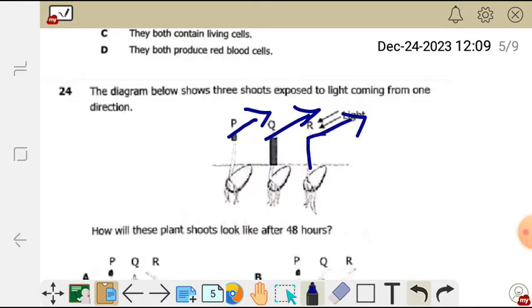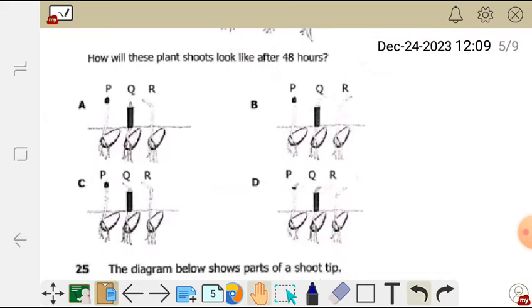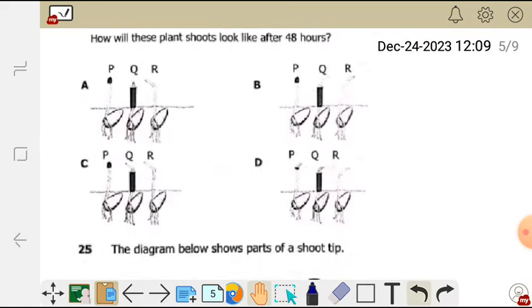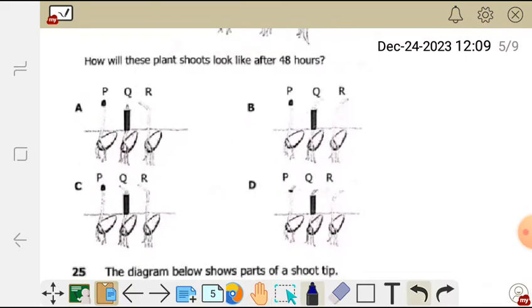That is positive phototropism. So the correct answer here is D. As you can see, they are all growing towards the light. They are showing positive phototropism. So the shoot will grow toward the light, which is D for question 24.